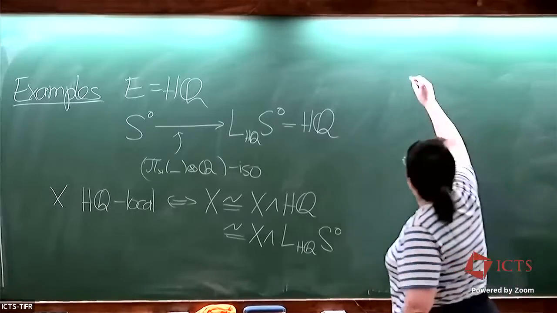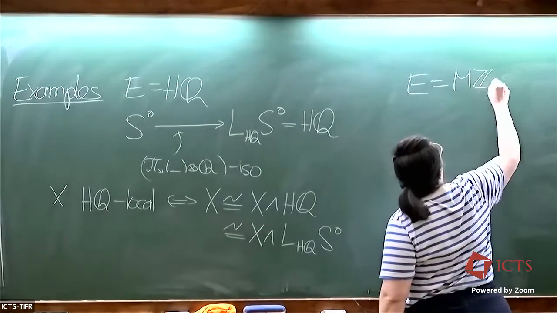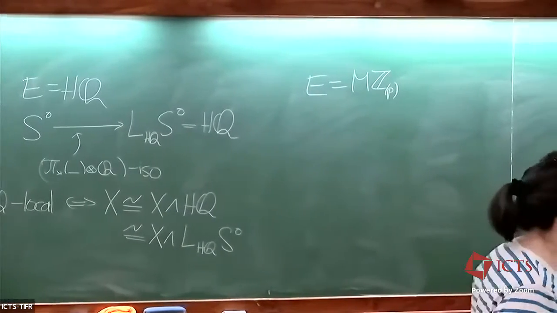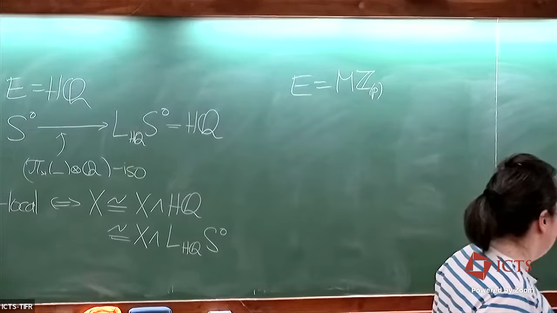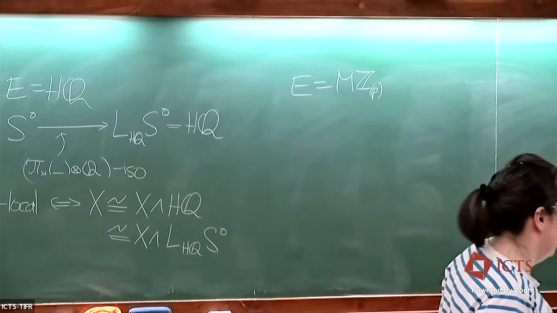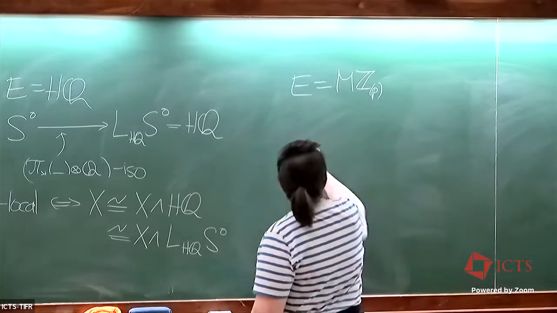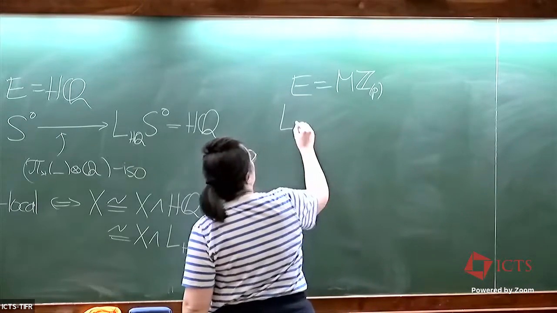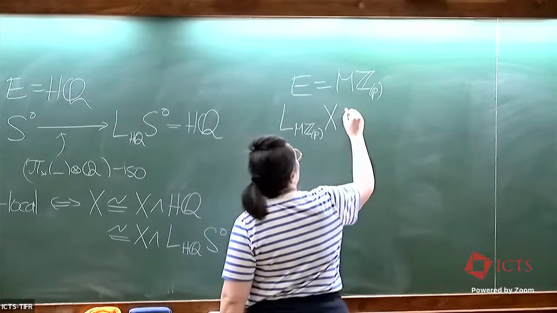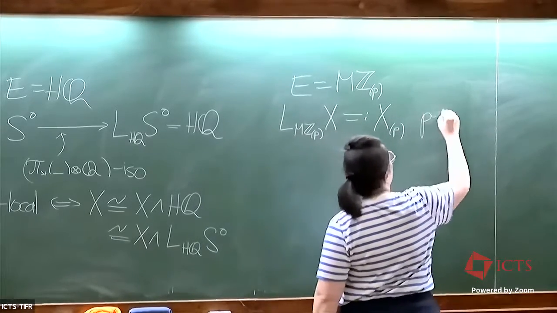But if we do that for the P local Moore spectrum, that works very, very nicely and in a very, very similar way. So the localization with respect to that, we call the P localization.